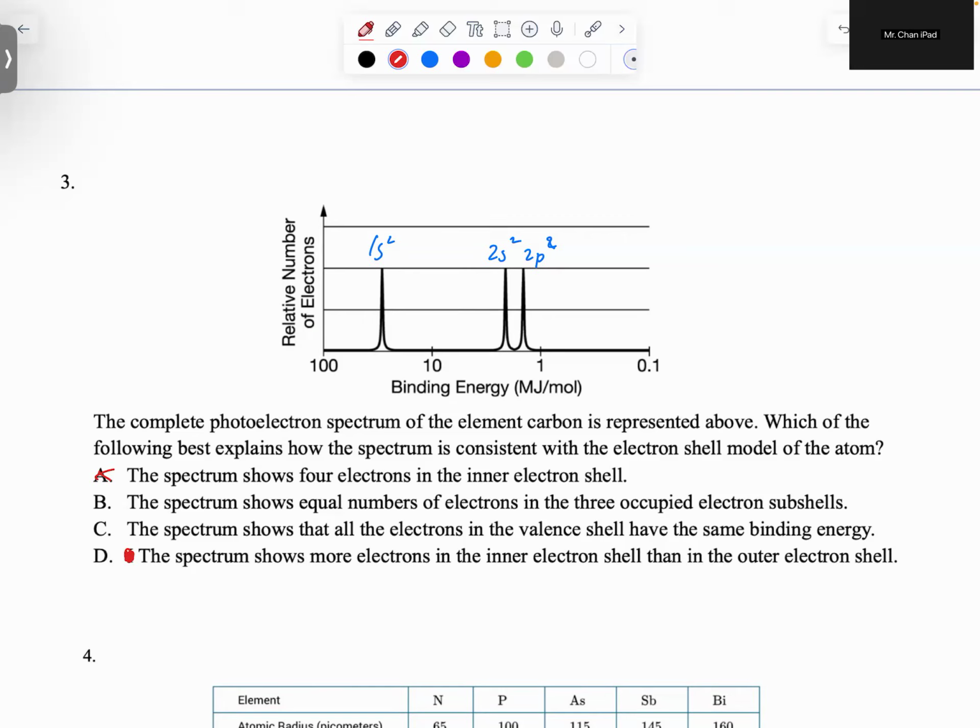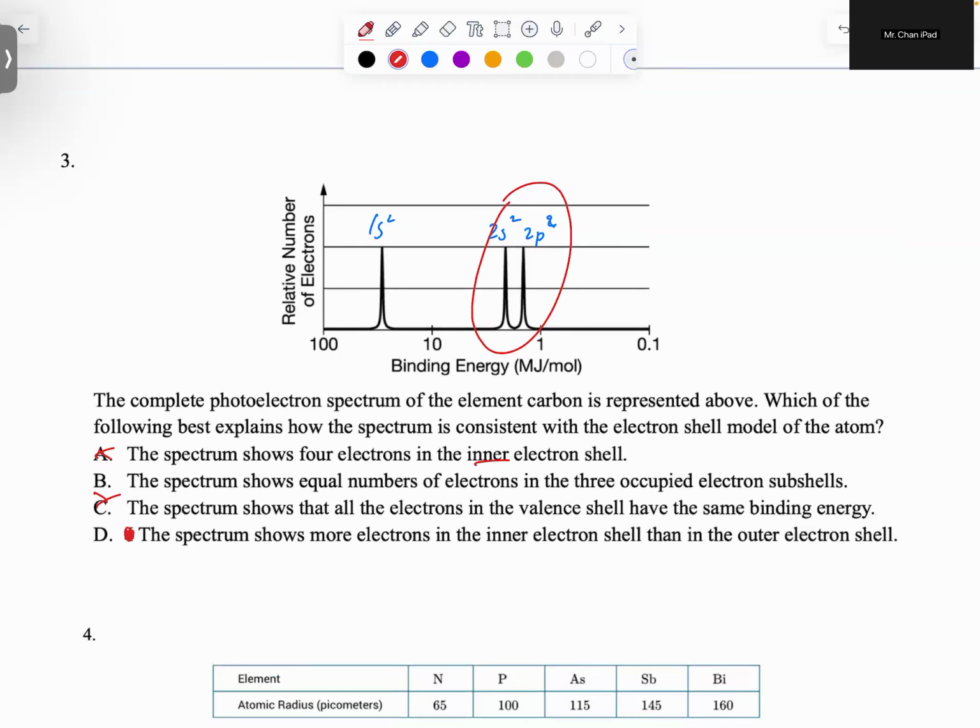It would be an outer electron shell. So that is not correct. B, the spectrum shows an equal number of electrons in 3 occupied electron subshells. Sounds pretty good. C, the spectrum shows that all electrons in the valence shell have the same binding energy. That's not correct. We have two different peaks right here. They're different in terms of binding energy.